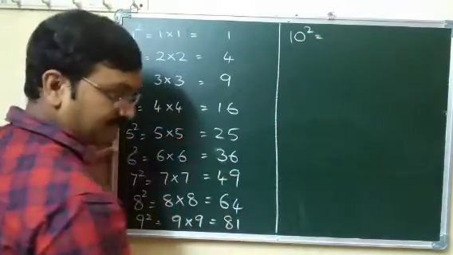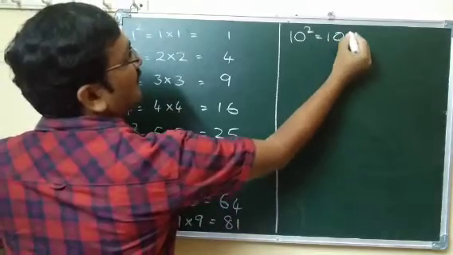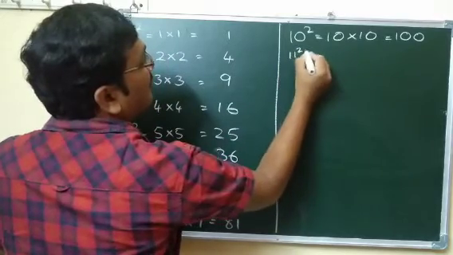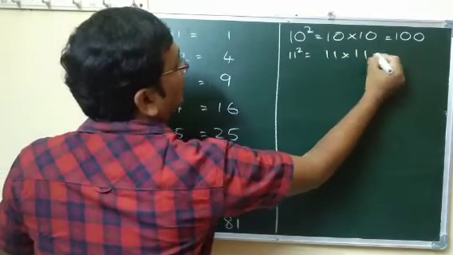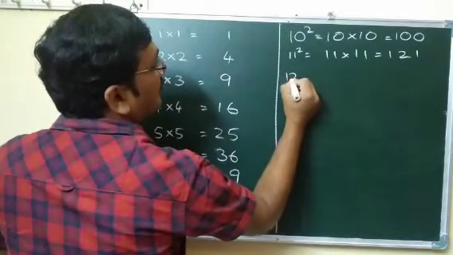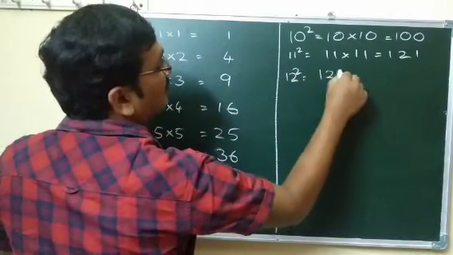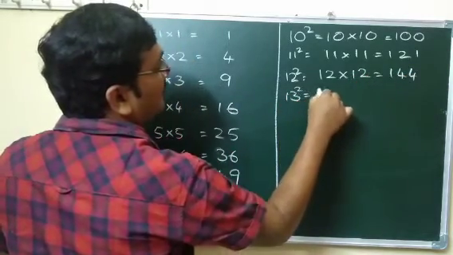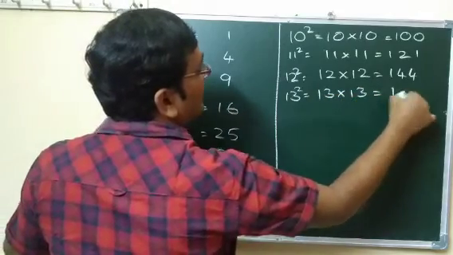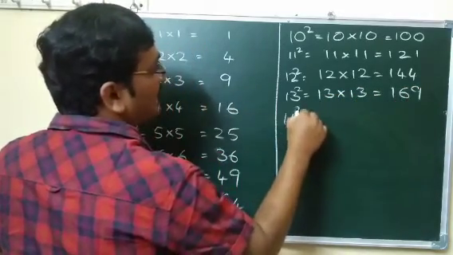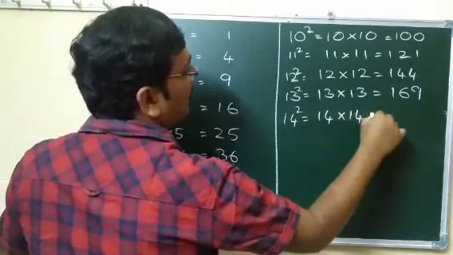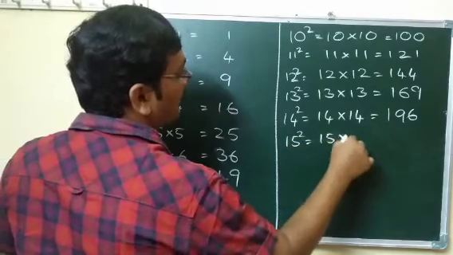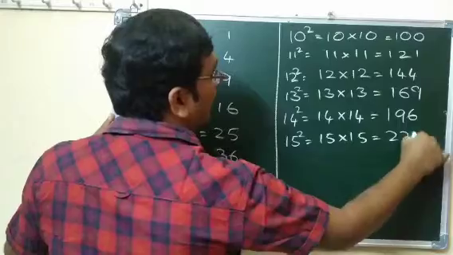Everybody knows 10 into 10 is 100. 11 square, 11 into 11, 121. 12 square, 12 into 12, 144. 13 square, 13 into 13, 169. 14 square, 14 into 14, 196. 15 square, 15 into 15, 225.